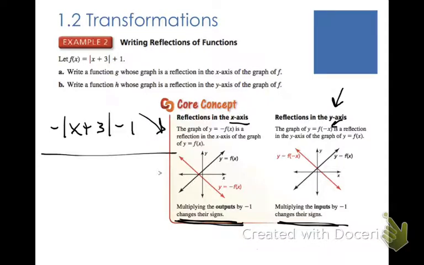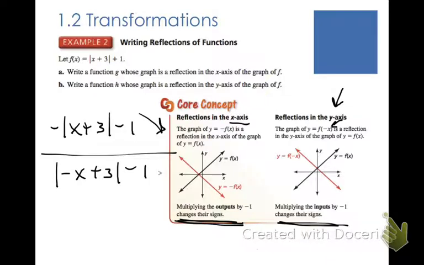So that will cause a reflection in the x-axis. All of the outputs that were positive are now negative. And then for B, we only multiplied the input by the negative, and that causes the y-axis reflection.